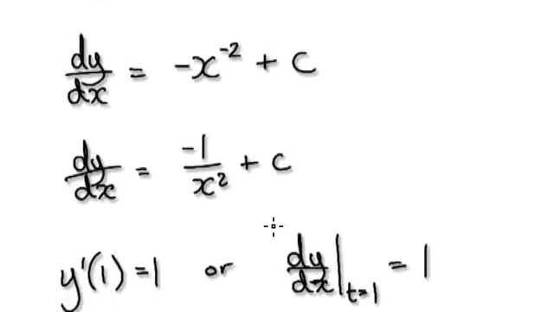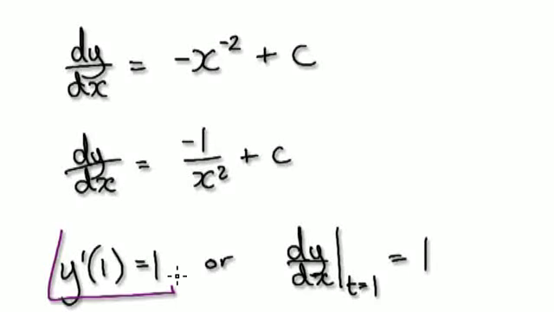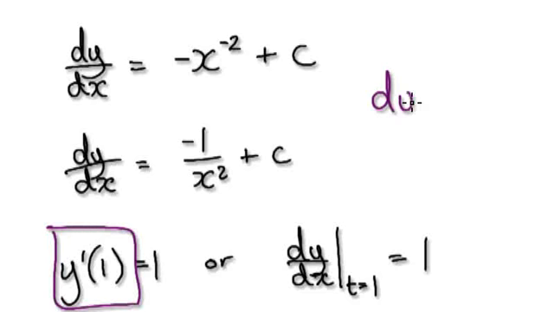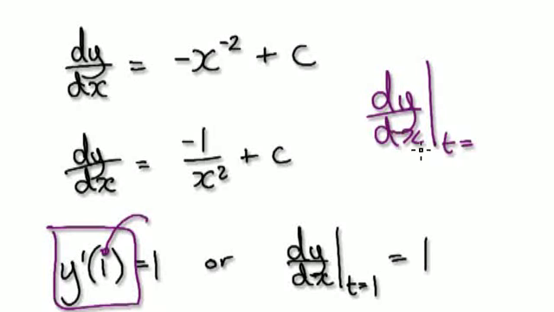So use the initial condition, which was given to us right from the start. It was given as this. And by the way, sometimes this can be written as this. So y prime is like dy by dx, evaluated at whatever's here, so in this case evaluated at x equals whatever this thing is.